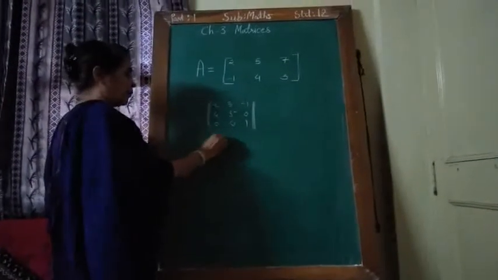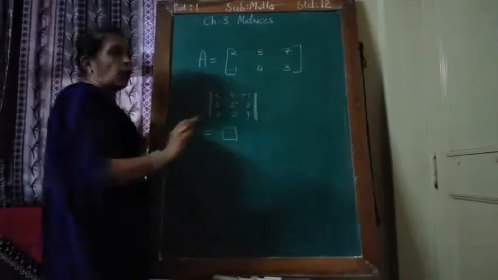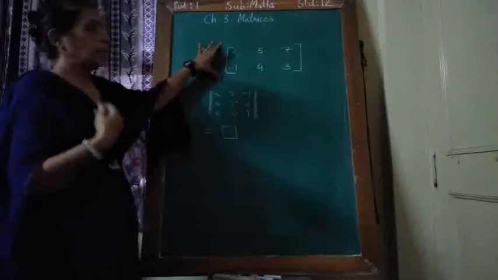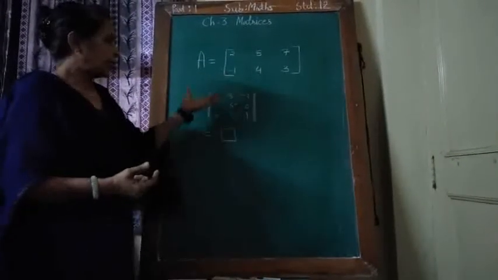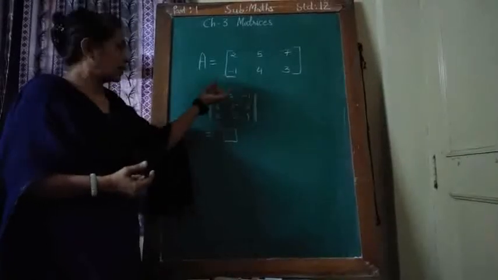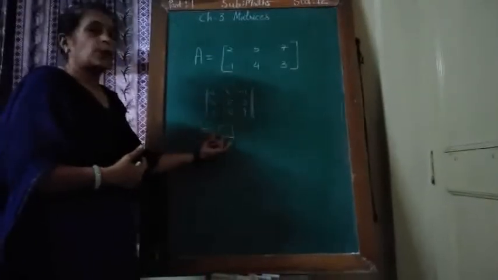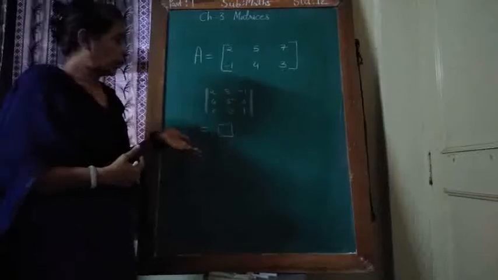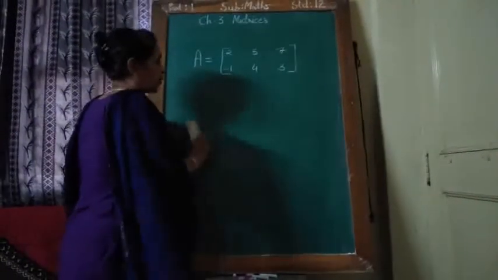Here you get some value, but in a matrix you don't get any value. When you do addition or subtraction of matrices, the output is in the form of a matrix, not a real number. In the next chapter we shall study determinants, where you get a value, and I will teach you that method then. But this is the difference I want to tell you.